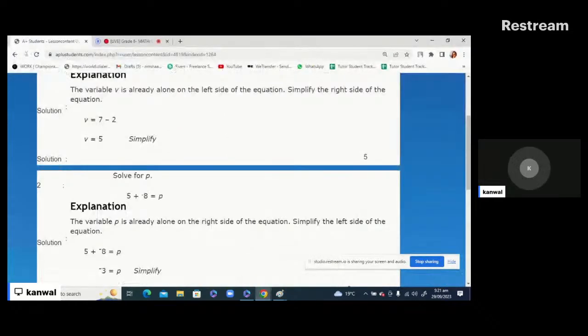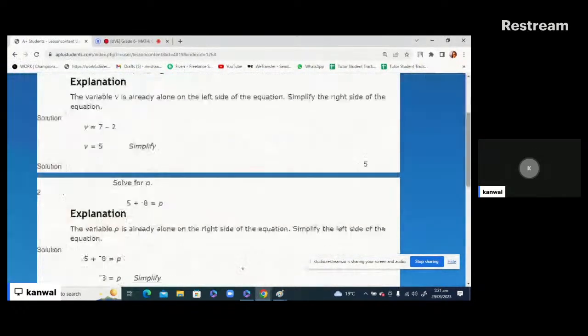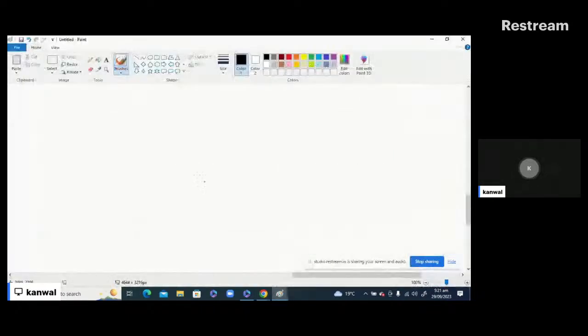Now here we just add up with integers this way. Here is the question: 5 plus into minus 8 is equals to p. So what does it mean?